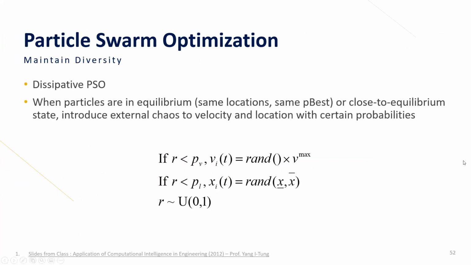Another one is to introduce random values based on the position of the current location, or based on the velocity that is used to move the individual in the algorithm. This is called dissipative PSO, introducing some randomness.